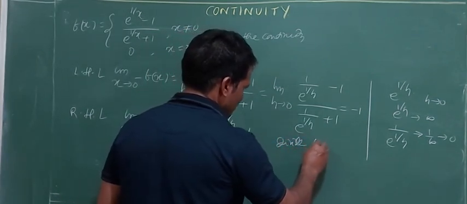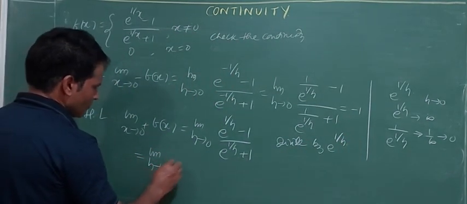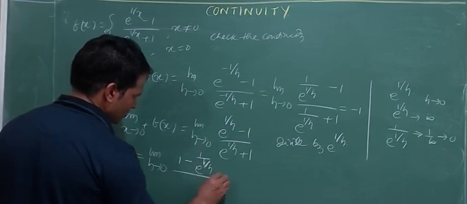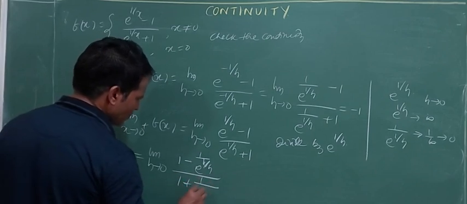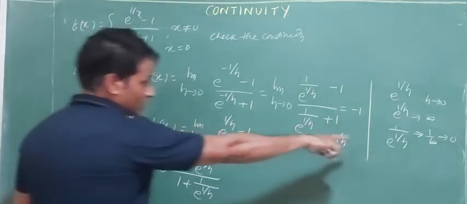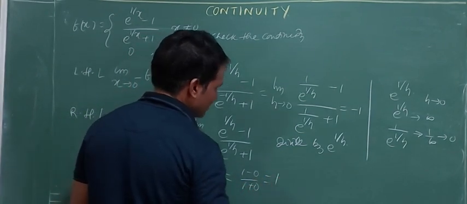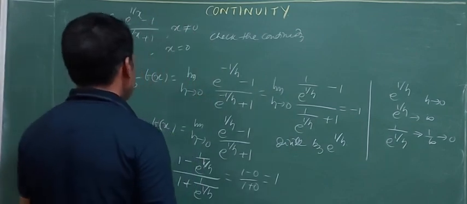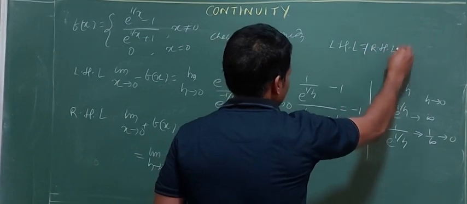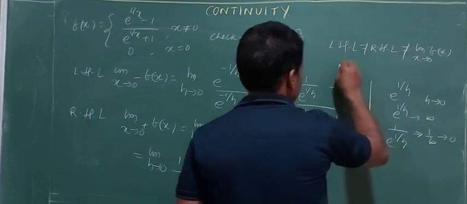That gives you limit h tends to 0, 1 minus 1 by e to the power 1 by h, over 1 plus 1 by e to the power 1 by h. Now I have already written that value, 0, so 1 minus 0 by 1 plus 0, the answer is 1. LHL, RHL, both are different. LHL is not equal to RHL, so the limit does not exist.